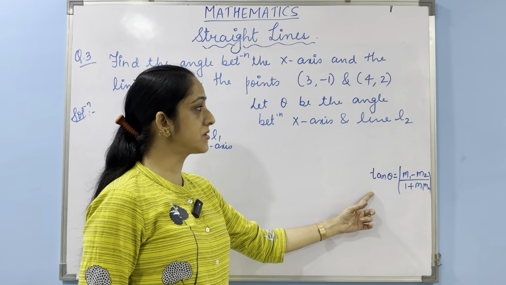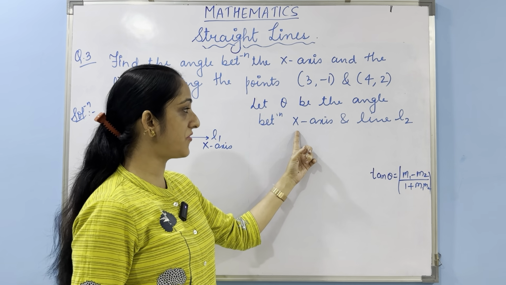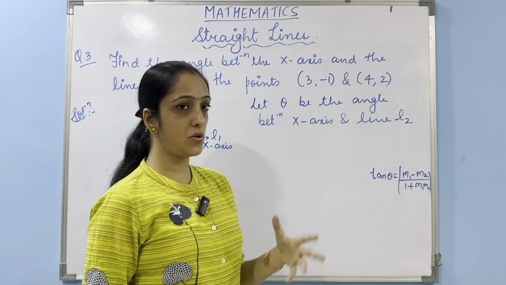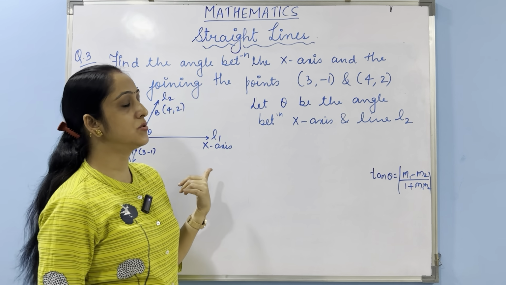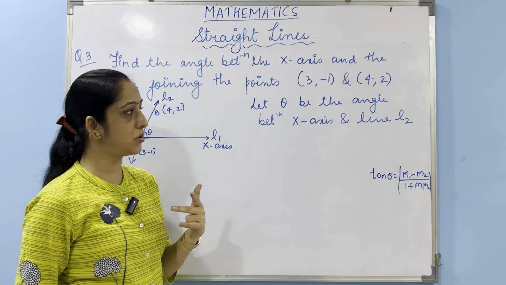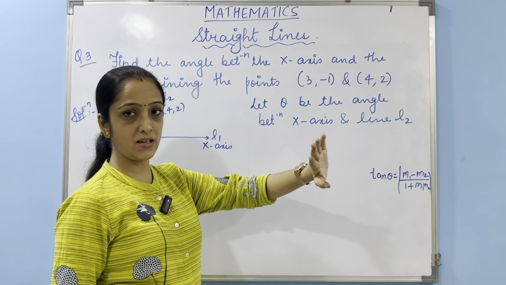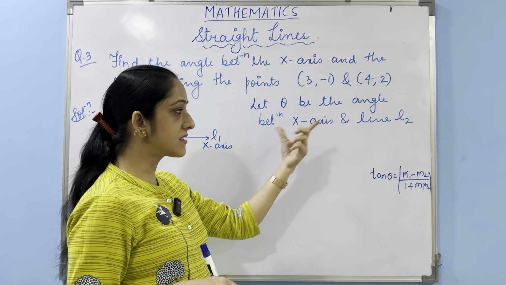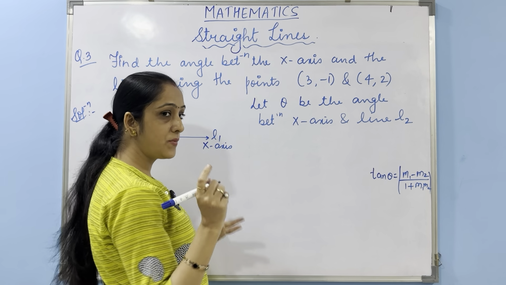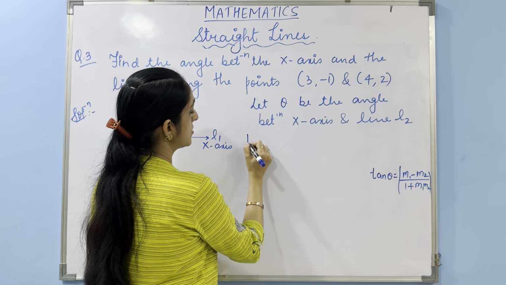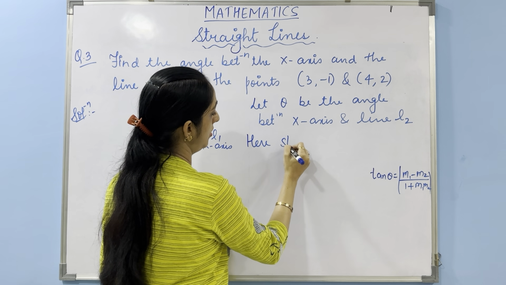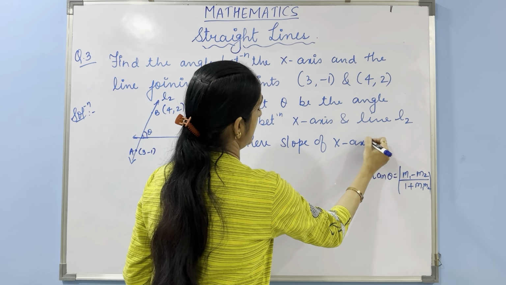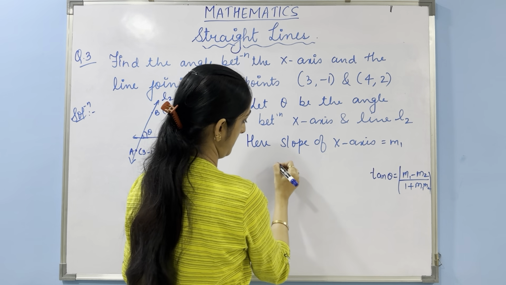So in order to use this formula, we need to find the slope of the x-axis and the slope of line L2. To find the slope of line L2, we can make use of the second formula of slope when 2 points are given. That can be easily obtained. Now as far as the slope of the x-axis is concerned, how can we find that? Let's represent the slope of the x-axis by m1.